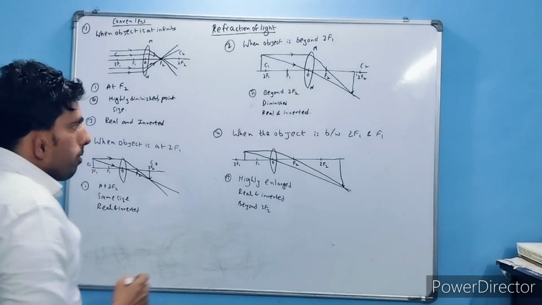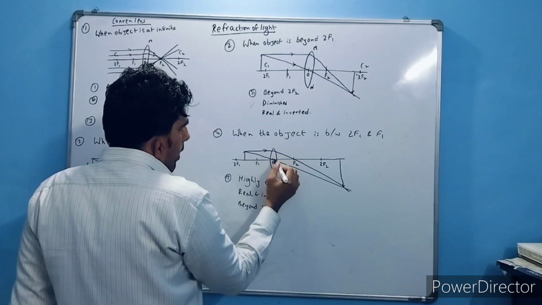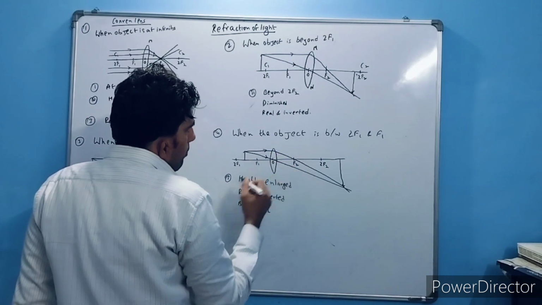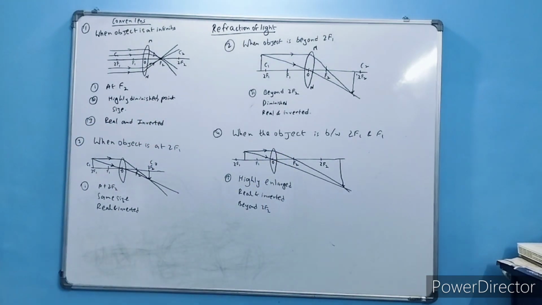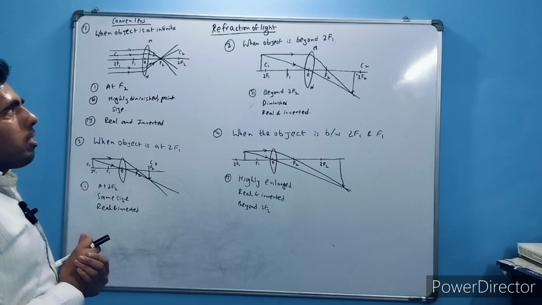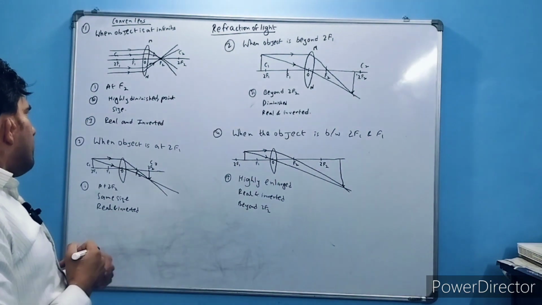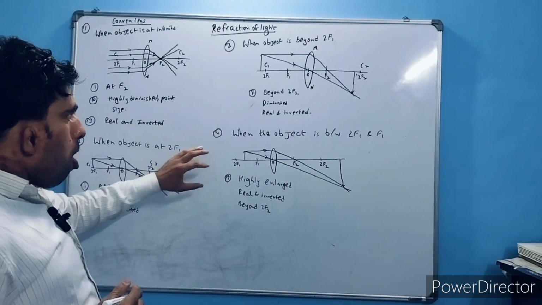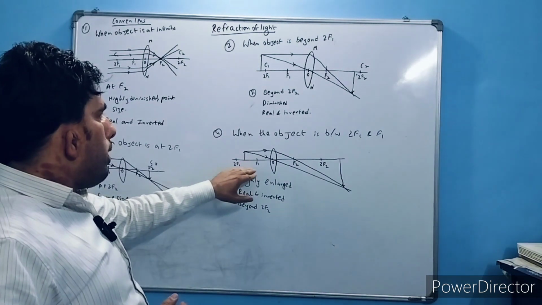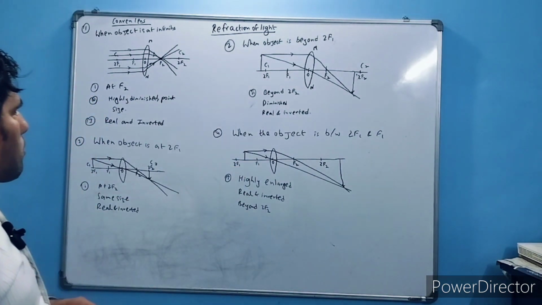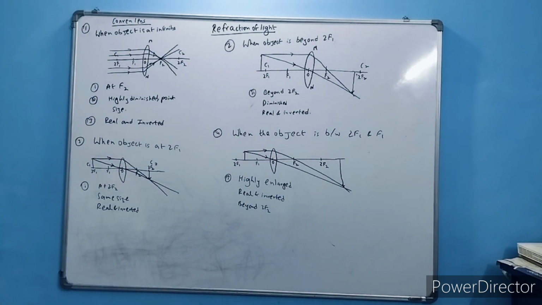So we have tried 4 cases. The object at infinity, the object beyond 2F1, the object at 2F1, and the object between 2F1 and F1.